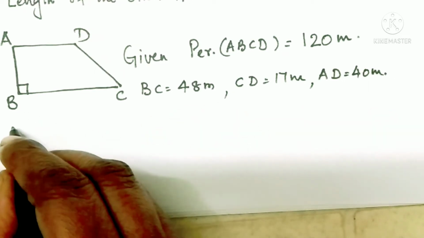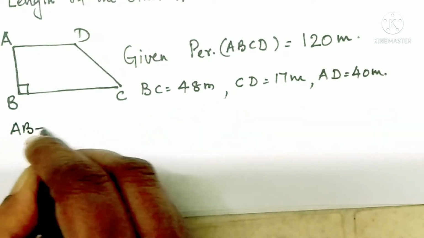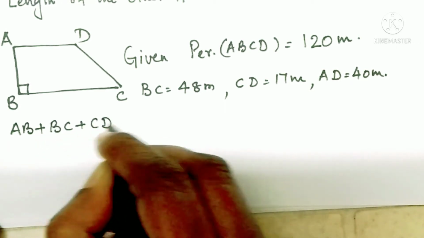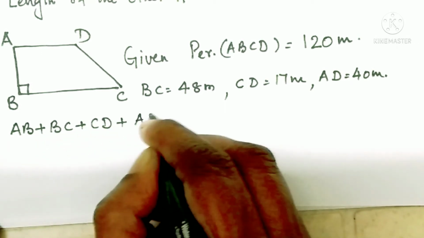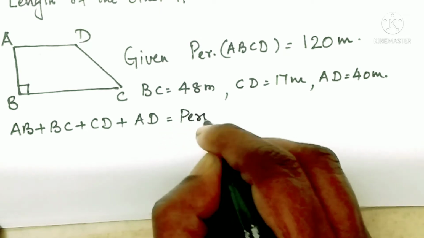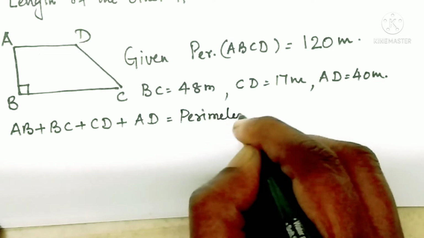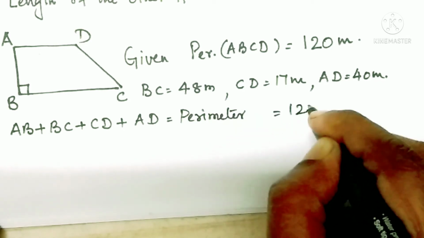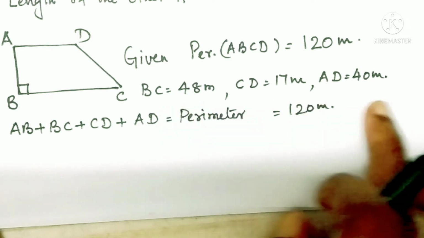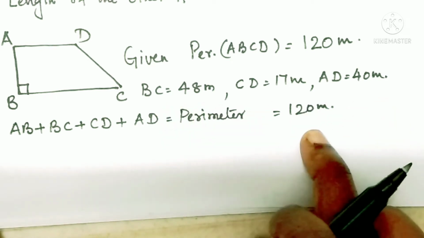So, we know that AB plus BC plus CD plus AD is the perimeter, which is equal to 120 meter. Now, out of these four sides, we know three sides and also we know the sum.